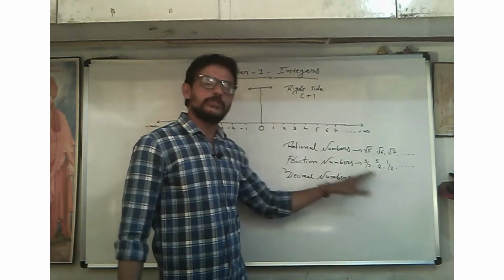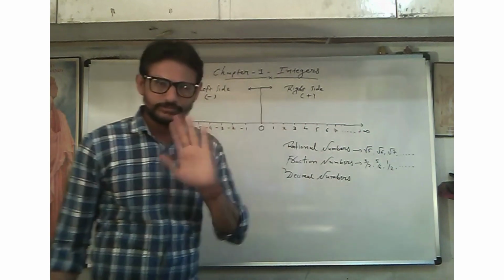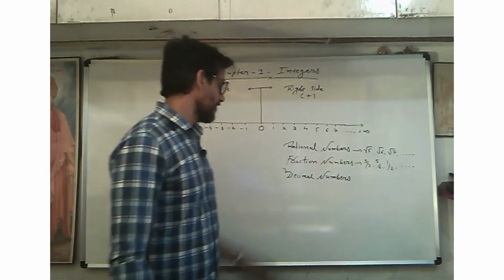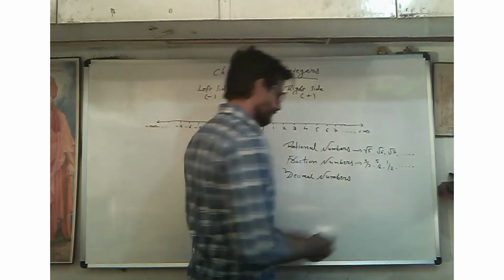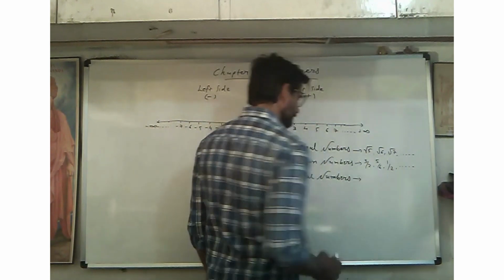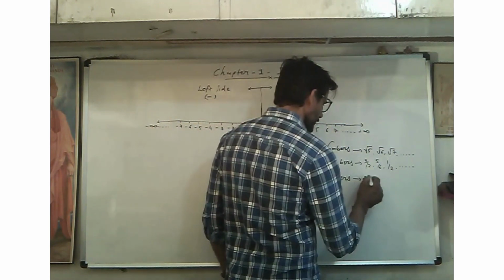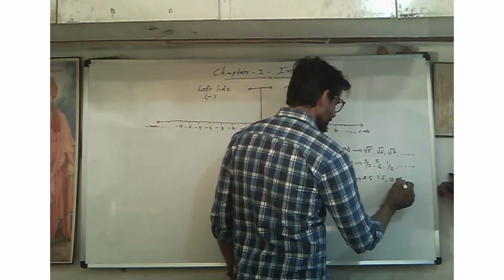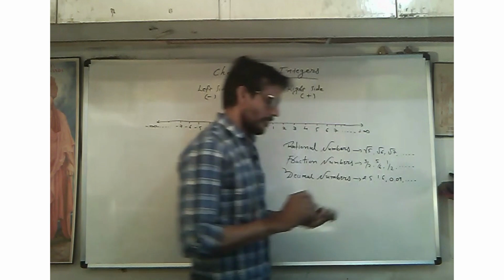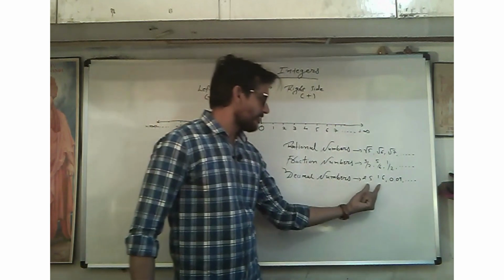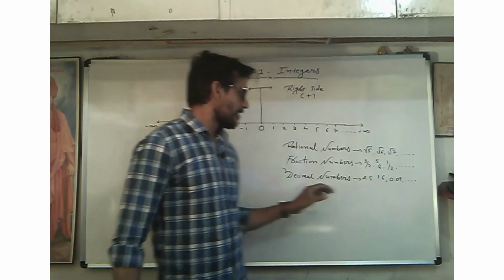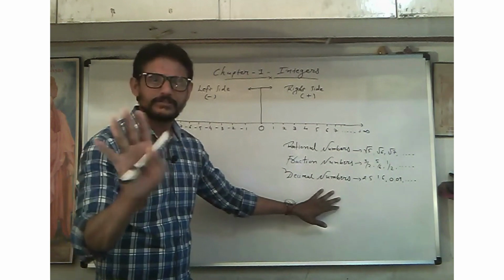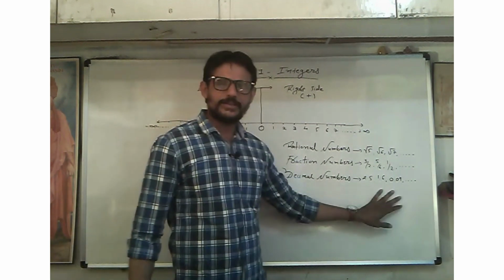Fraction numbers also are not integers. Decimal numbers, 2.5, 1.6, 0.09 and so on. All these numbers are decimal numbers, but they are not integers.